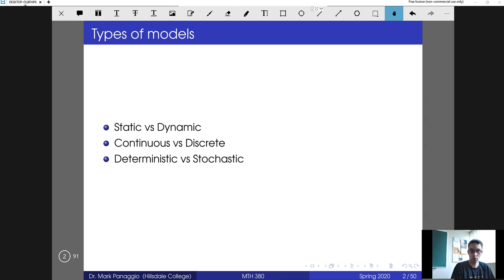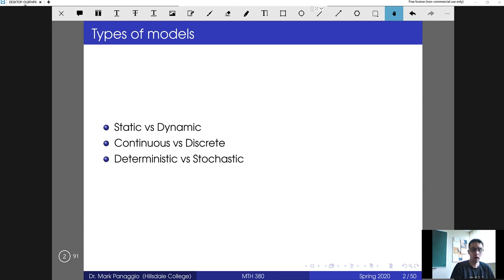Now, our math department does offer a course in differential equations, and so rather than rehashing all the material that is offered there, I'm going to primarily focus on the other type, which is a discrete model, where we're going to think of time as a discrete variable. It's going to have some sort of steps in time that are not infinitely small, and we'll try to figure out how do we predict the state of the system at one time given the state in the previous time.